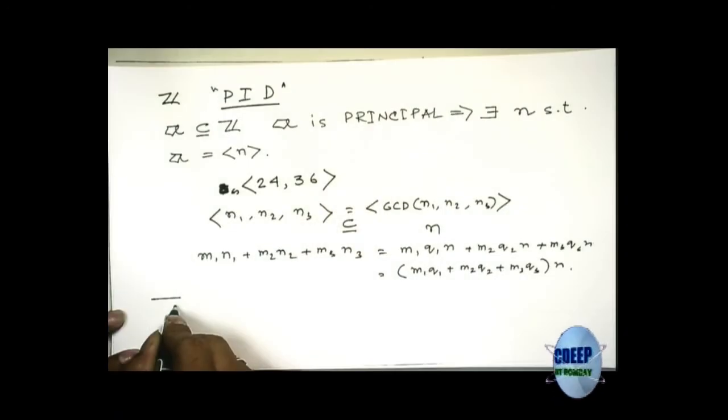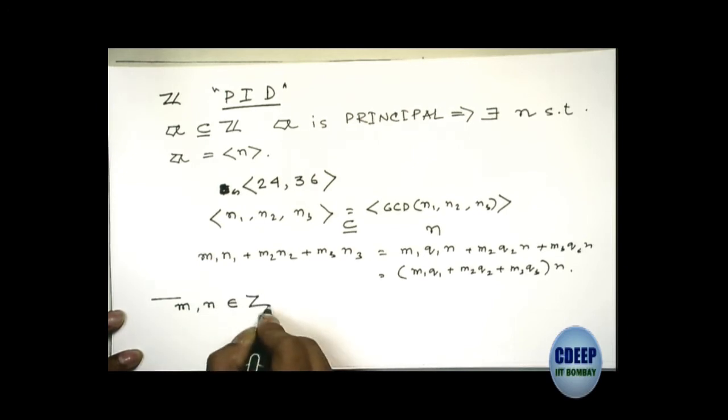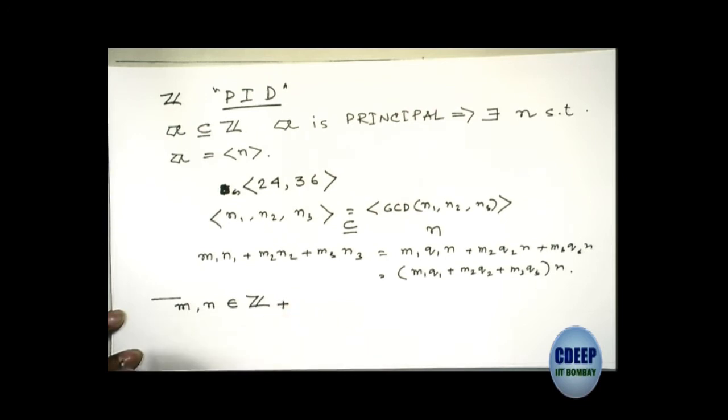Let me ease things a bit. Suppose m is a positive integer and n is also a positive integer, and suppose n is bigger than m. Then what can you write? So fill in the blanks.